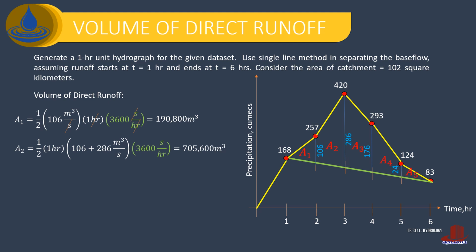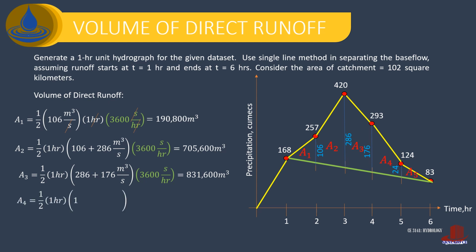705,600 cubic meters. A3 is another trapezoid, solved as half of 1 hour times 286 plus 176 cumecs, with the conversion resulting to 831,600 cubic meters.